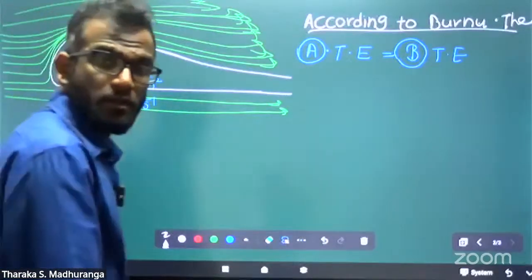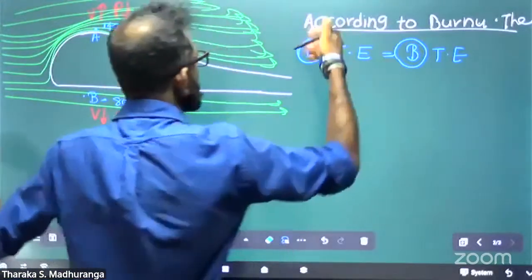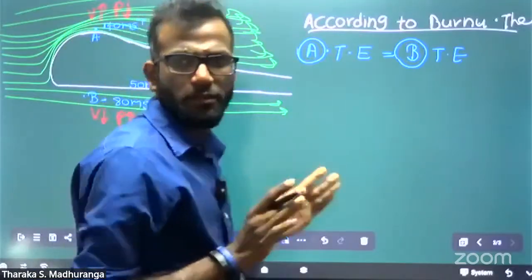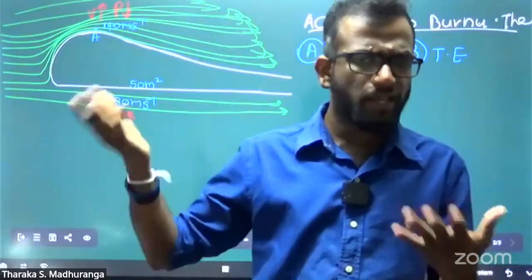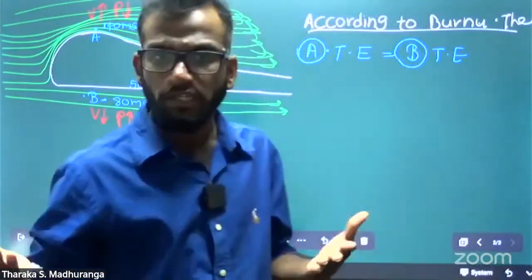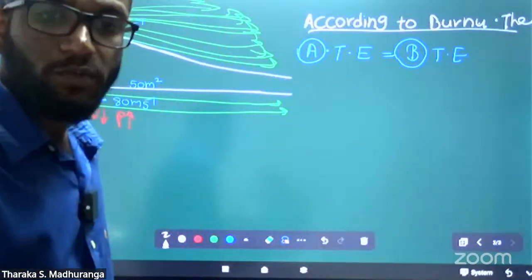Okay, sorry. Now A side total energy is, now you don't need to consider the height difference. It is not given, you can neglect this. Then the potential difference between two sides you can neglect.